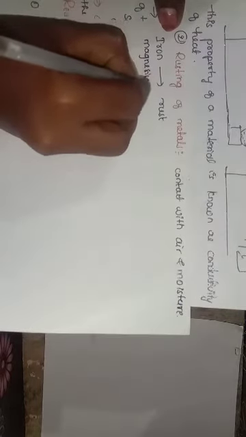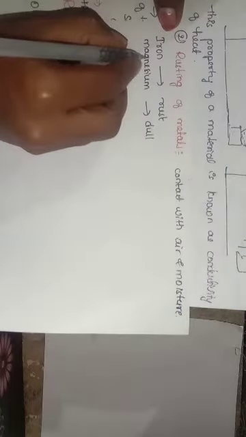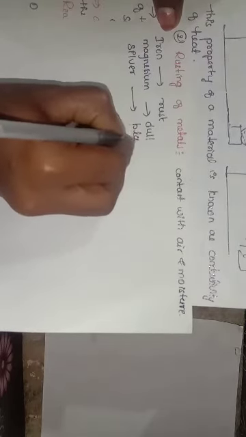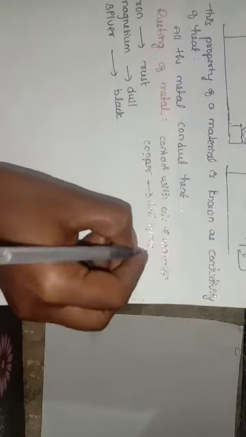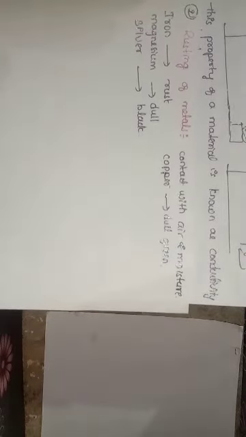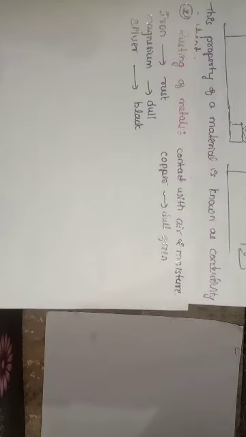Magnesium becomes dull. What happens for silver? Silver becomes black. And what about copper? Dull green. So these are all our metals; when they are exposed to air or moisture, iron becomes rust, magnesium becomes dull, silver becomes black, and copper turns dull green.